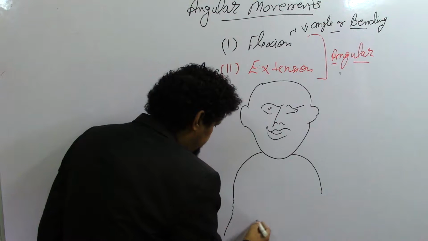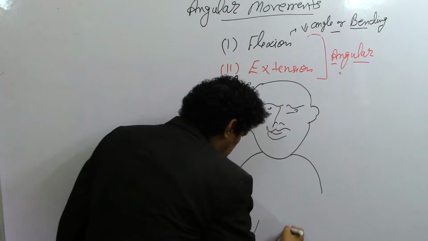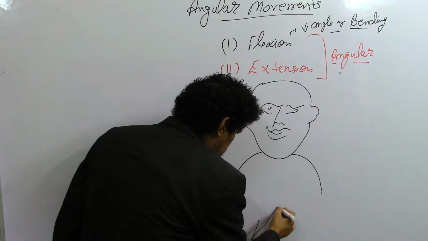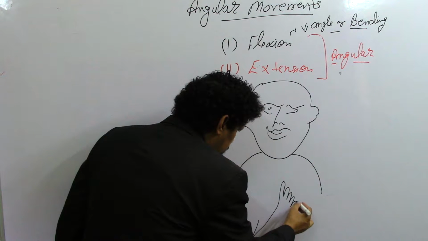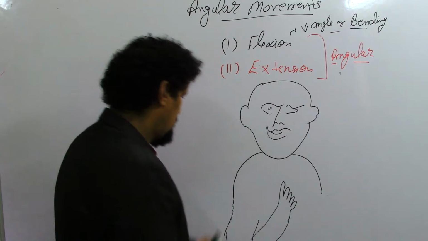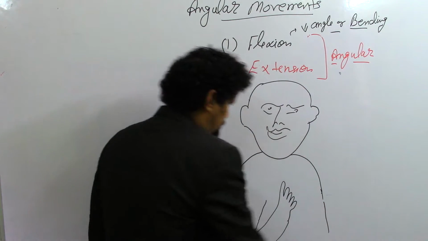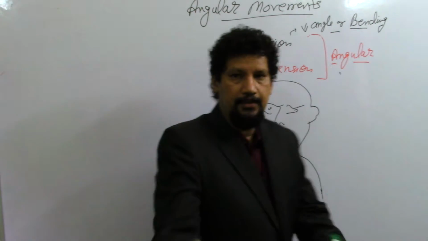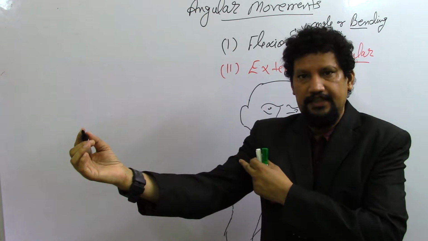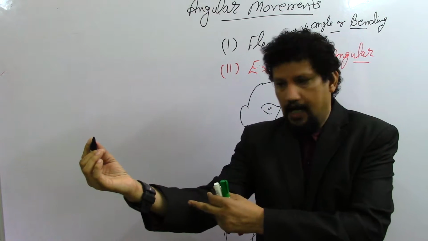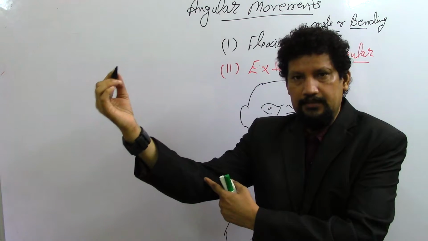This is the upper limb. In this movement, the two flexure surfaces of the forearm come closer to each other, decreasing the angle.